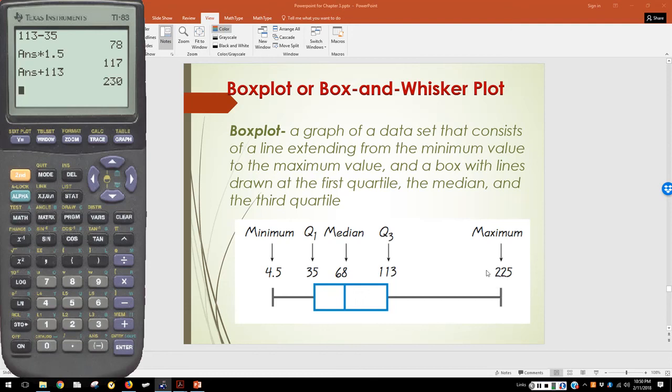Is our maximum actually an outlier? And the answer is no, because it's lower than what we call the upper fence. And it's fairly obvious that 4.5 isn't an outlier because it's a lot closer to 35 than the 225 was to the 113. But if you wanted to prove it, then you would simply take 35 minus 117.